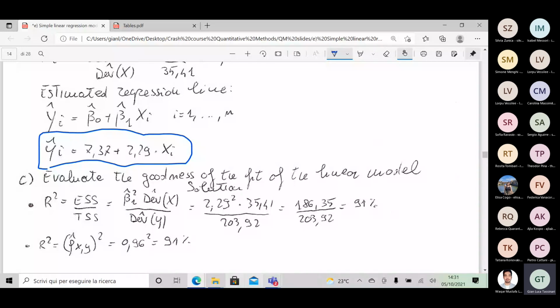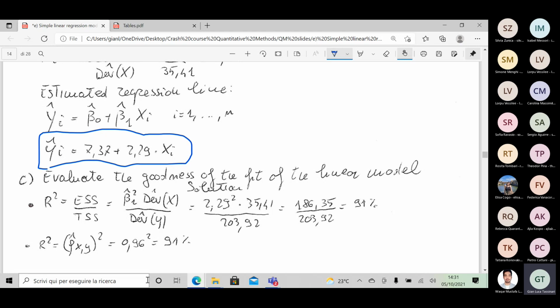So the quickest way to answer this question, given the information we have, is the computation of the R square as the sample correlation raised to the power 2, because we have already computed the correlation coefficient at point A, and we got 0.96. So the simplest and quickest is simply to take the correlation coefficient, raise it to the power 2. So we got 91%.